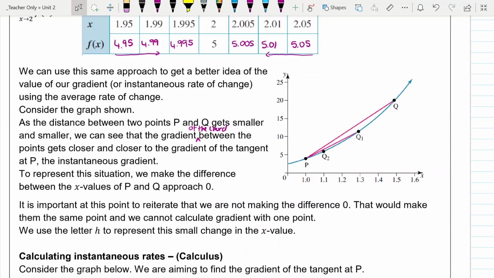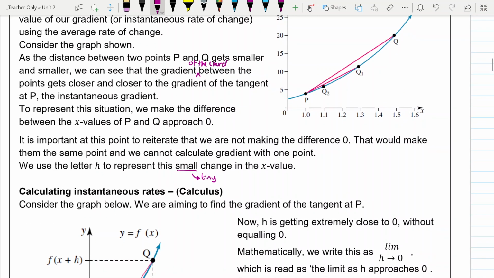The main thing to know is that we actually cannot make our chord equal to 0, because then you've got only one point and you can't find the gradient of a straight line at one point. So we're saying it approaches 0. We have this really, really tiny change, and we're going to call h our really small change, because we can't have it exactly at the same point, but we can have a really short chord.